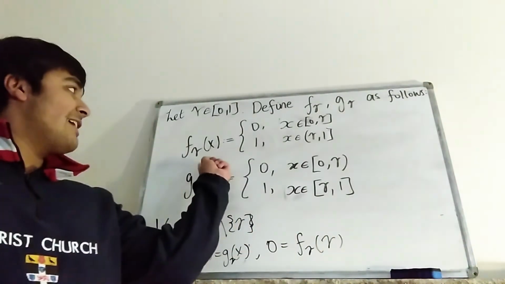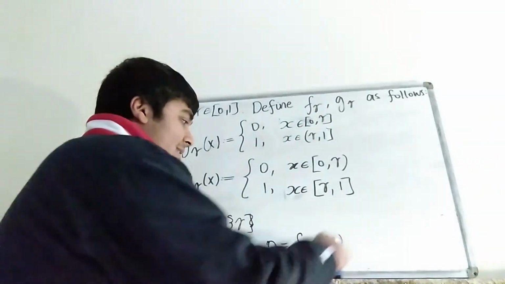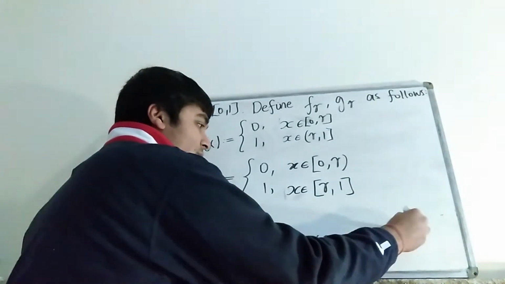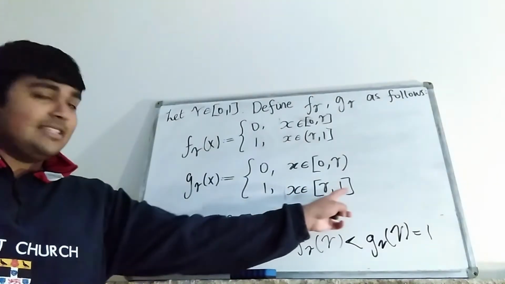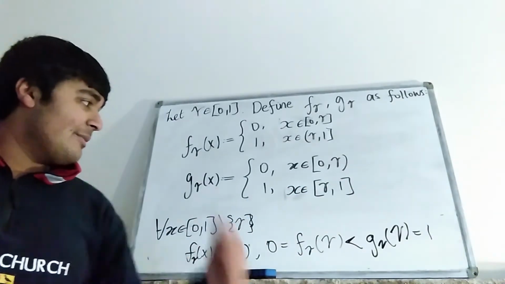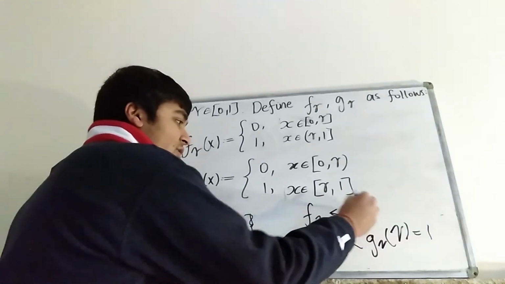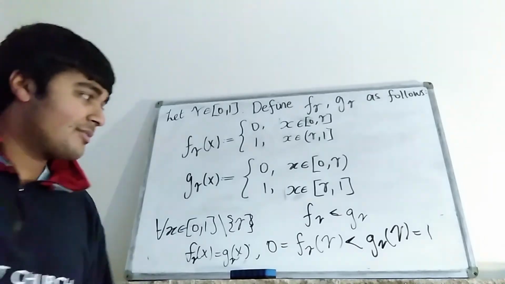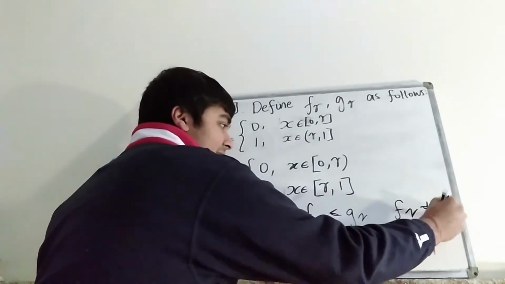So when we evaluate f gamma at gamma, we get 0, because gamma is in this interval here, but that's less than g gamma of gamma, because that is equal to 1. Because for g gamma of gamma, we're looking at this interval now, so it's 1. So we have that f gamma is less than or equal to g gamma, because it's equal everywhere except at this point here, where it's different. But of course then, because it's different at one point, f gamma does not equal g gamma.